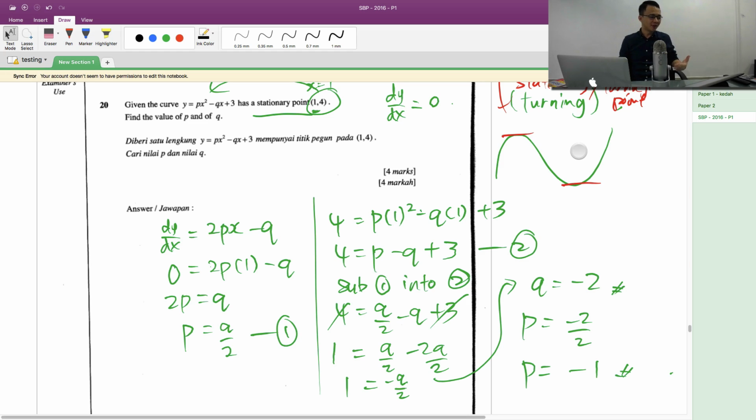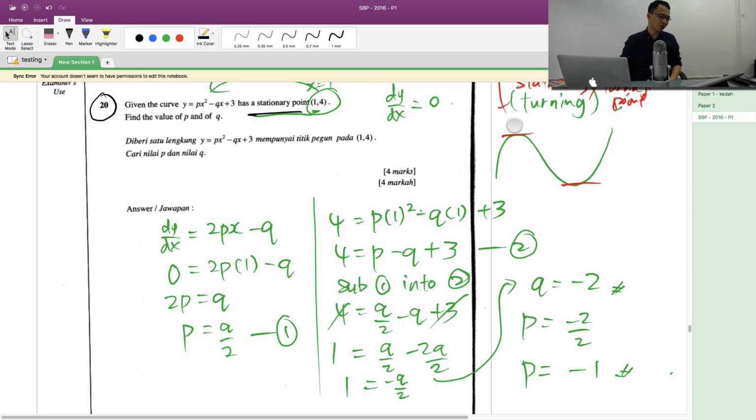And sometimes, like question 20 here, just in case you think this one might not use dy/dx. If you do not want to use dy/dx, and you see a stationary point, what can you do? Of course, another way is to use completing the square. I guess completing the square will give you the answer also, because stationary point means maximum or minimum, we do not know which.